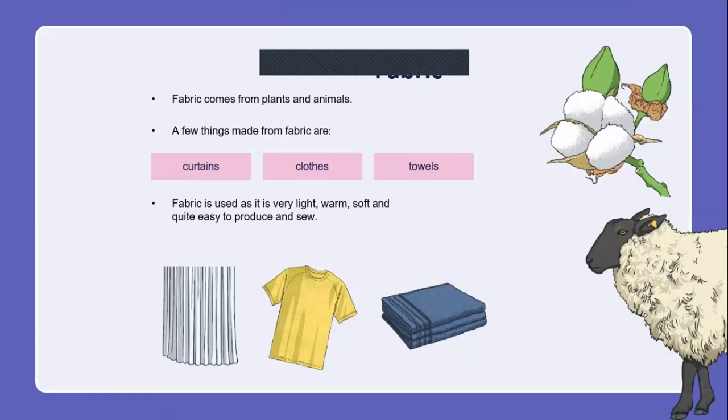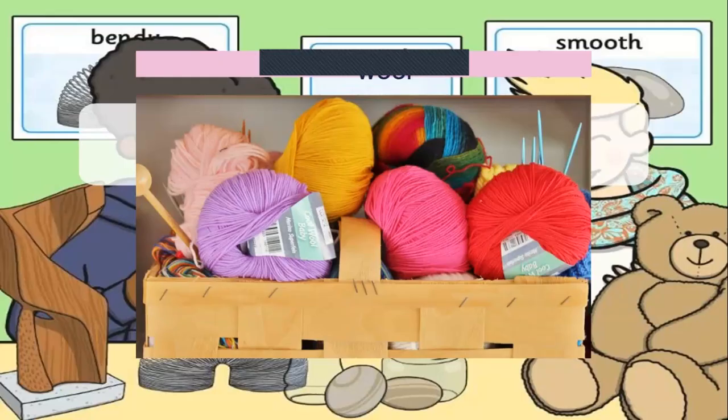So just imagine if you were to use wood to make your own clothes, you would be feeling very hot and very heavy because wood is so strong and heavy compared to fabric. And I don't think you can use a needle to sew something on the wood. So therefore, after serious consideration, people use fabric as the most suitable material to make clothes, curtain, and towel. An example of this is wool.